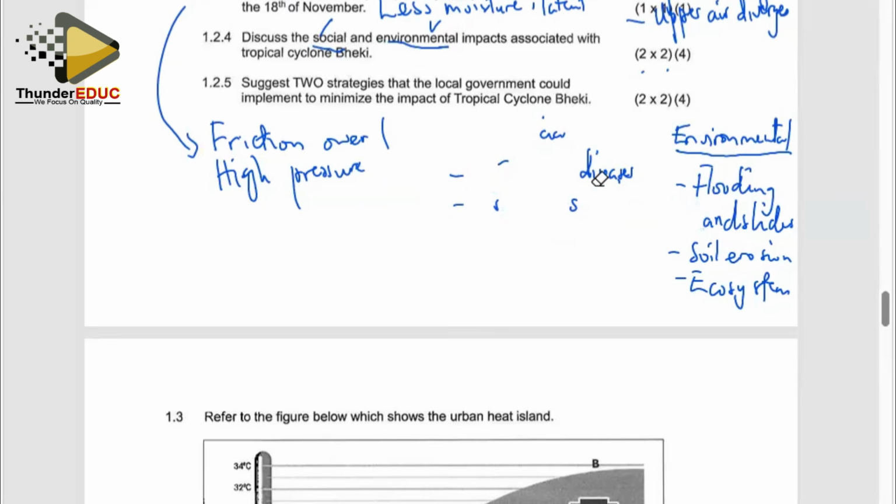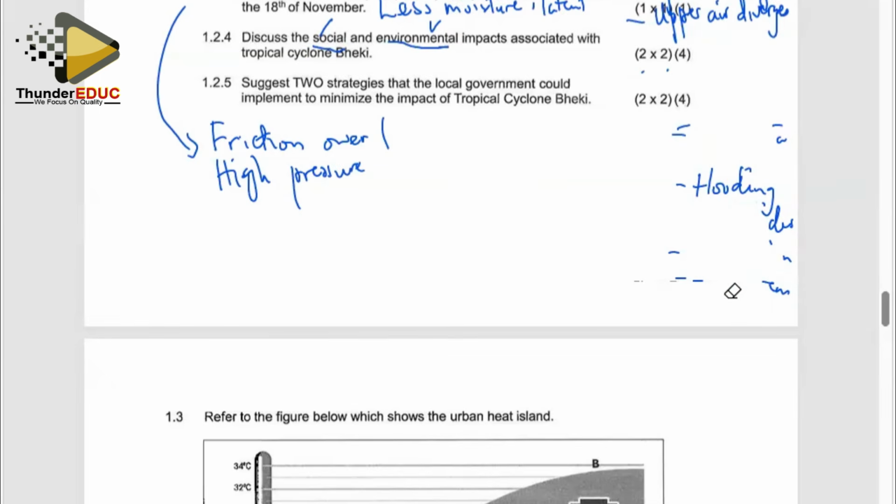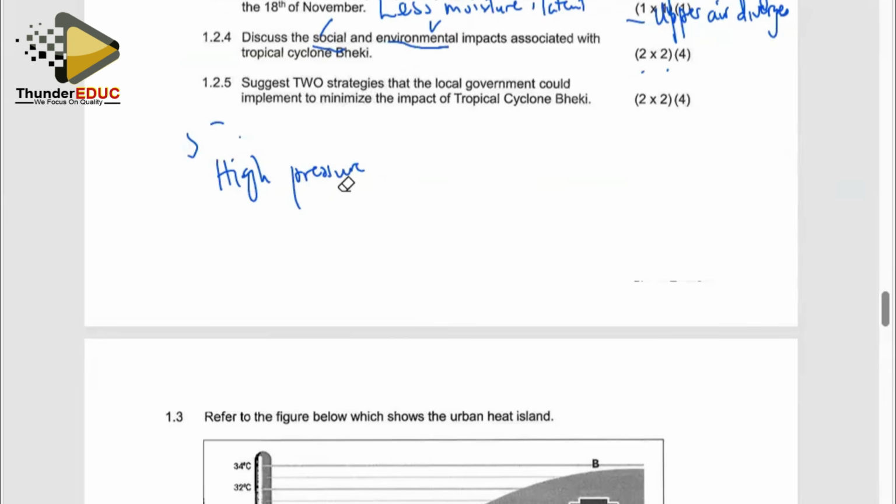You are the responsible authority in the area which has been affected. What can you do today to solve the problem? And what can you do for the sake of the future? Think outside the box and think openly so that you come out with feasible solutions. We want feasible strategies, something which is attainable, something which is within the reach of the local government.